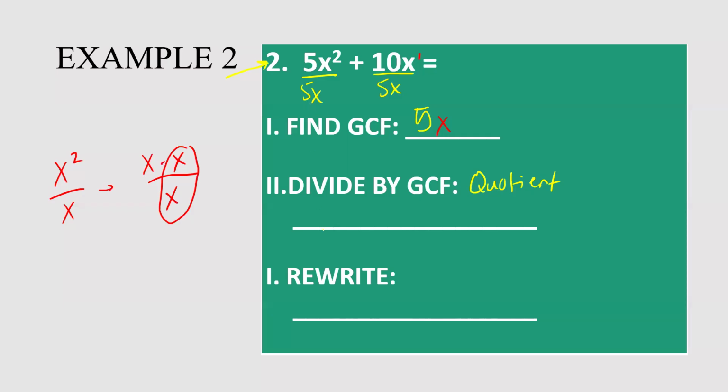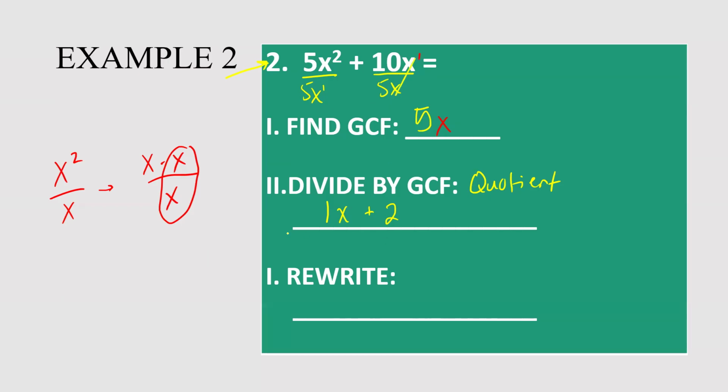So 5 divided by 5 is 1. X squared divided by x. Going back to our exponent rules, you're subtracting their powers, right? 2 minus 1 is 1. Plus 10 divided by 5 is 2. And what happens to x to the 1 and x to the 1?